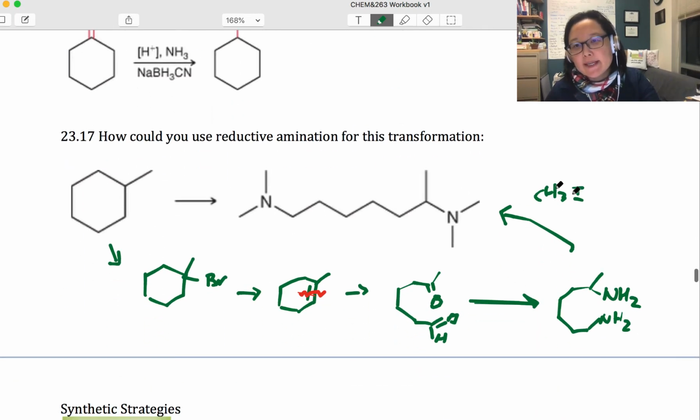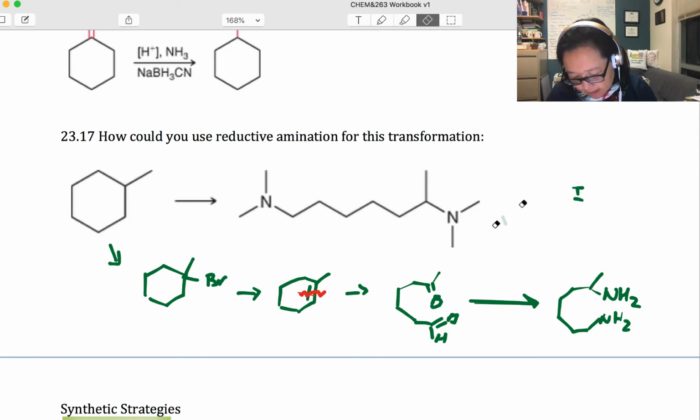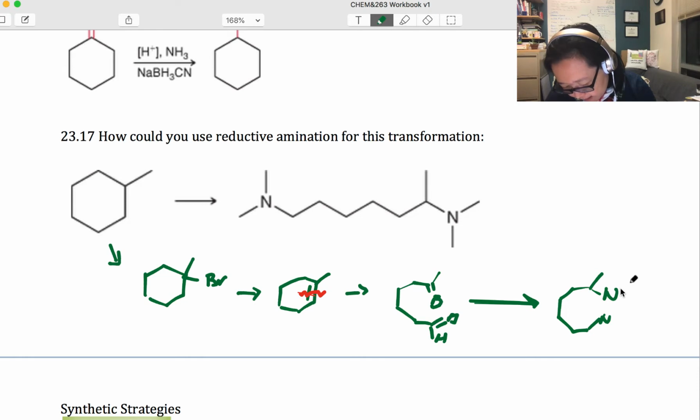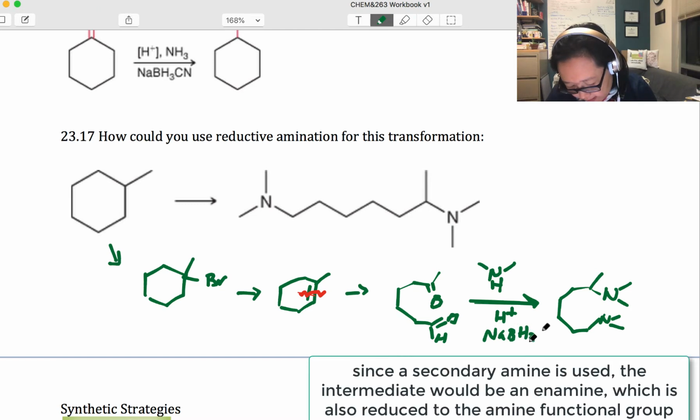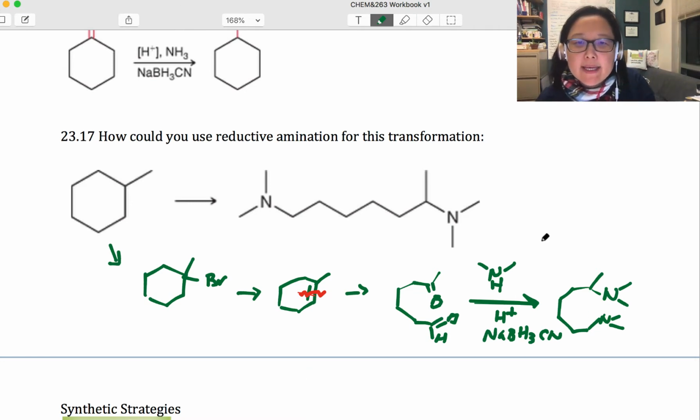So maybe instead of this step here, get rid of that. Maybe when I think back to this step, I can add the nitrogen with methyl groups already by simply using dimethylamine here, an H+, and sodium cyanoborohydride as my reducing agent to get rid of the pi bonds or to add hydrogens to them. Okay? All right, so then that is the product.